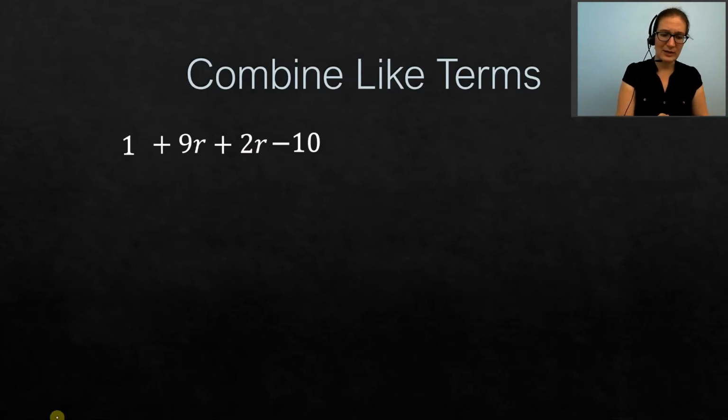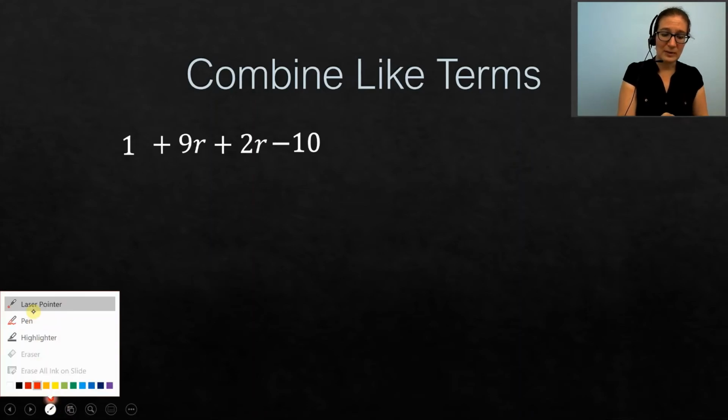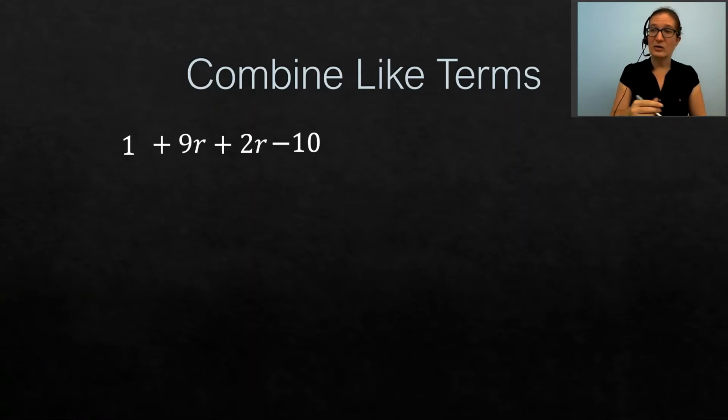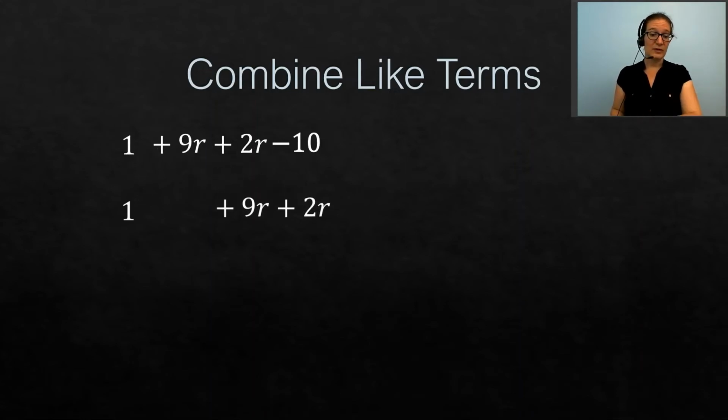So we want to be thinking, what can I do to put those right next to each other? And the good news is, like when we talked about our order of operations, we can add and subtract in any order. So I can take this phrase and rearrange it and move the pieces so that the like terms are next to each other, so that then I can go ahead and combine them.